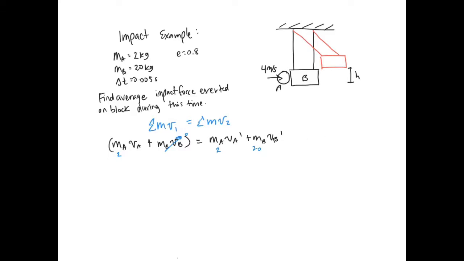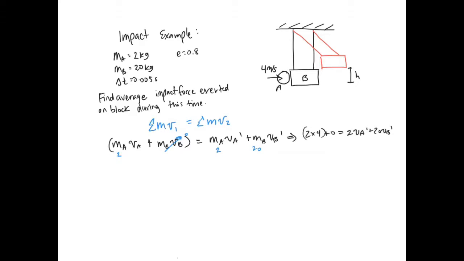So this equation becomes 2 times 4 plus 0 is equal to 2 vA prime plus 20 vB prime. So that's the first equation, the conservation of momentum.